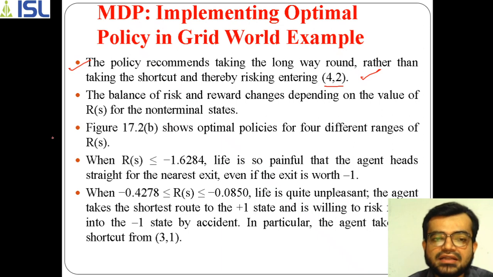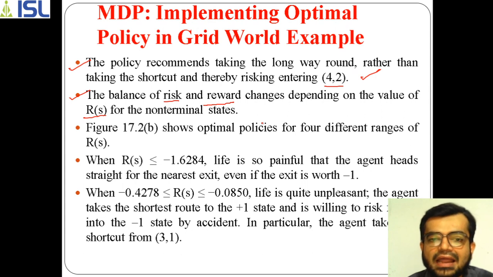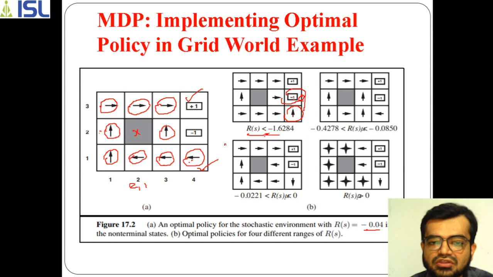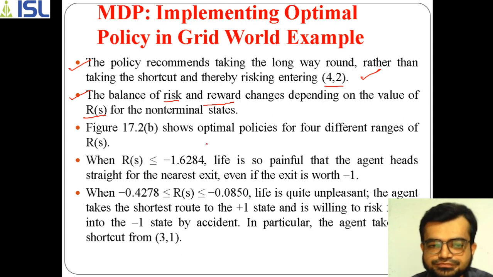That means every time, based on the situation, the balancing of risk and reward will be performed, and the changes will depend on the value of R(s). Because of this R(s), the risk and reward will be balanced accordingly. So R(s) is a very important value; based on that only, things will be considered here.